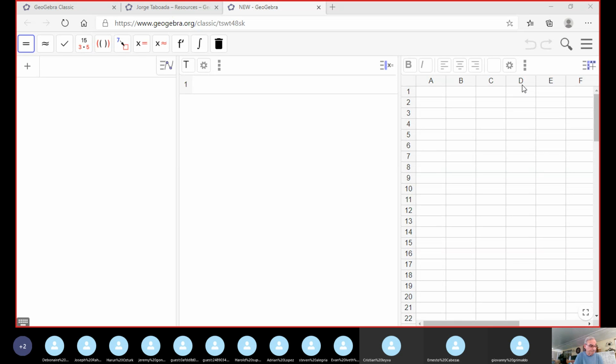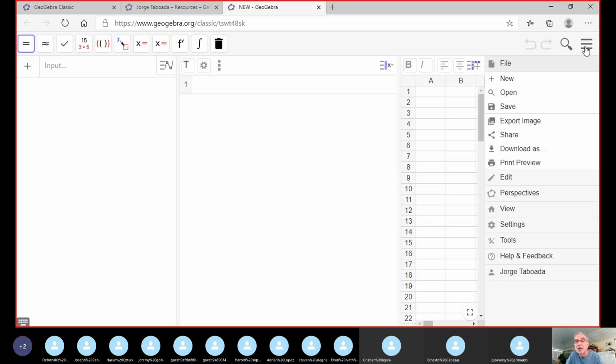So let's solve the same system that we are doing by hand. It's too long. Let's use it in 5 seconds. No, not 5 seconds, but 5 minutes, the time that we have available. Okay, so you open here, click on the three horizontal lines, and select View.